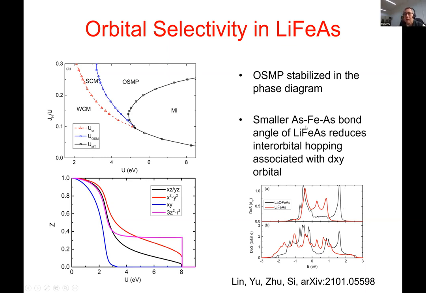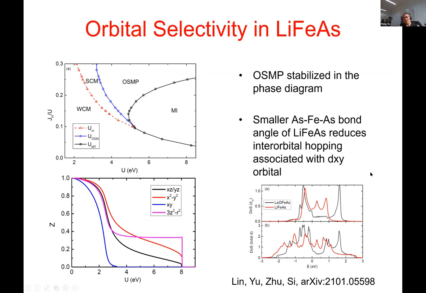This is because in the lithium-111 compound, the iron-arsenic bond angle is much smaller. Because of this smaller bond angle, the interorbital hopping associated with the dxy orbital is reduced, giving a narrower bandwidth. And this accounts for the calculated strong orbital selectivity in this lithium-111 compound.